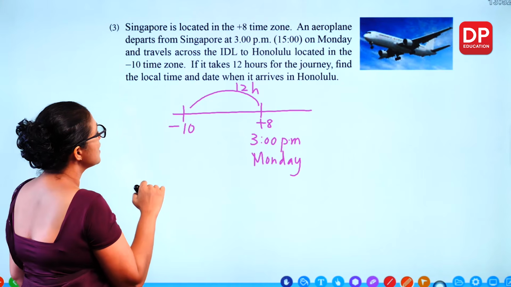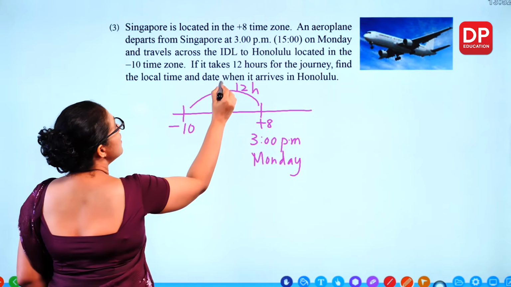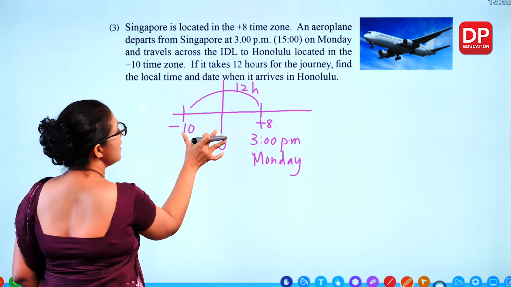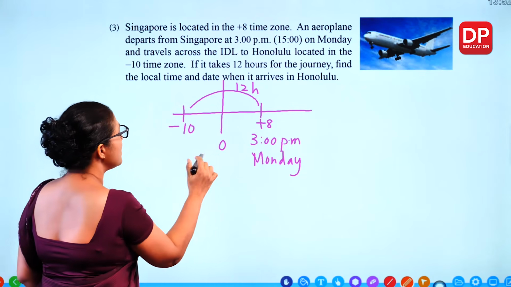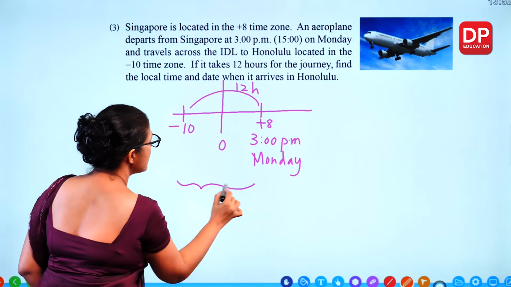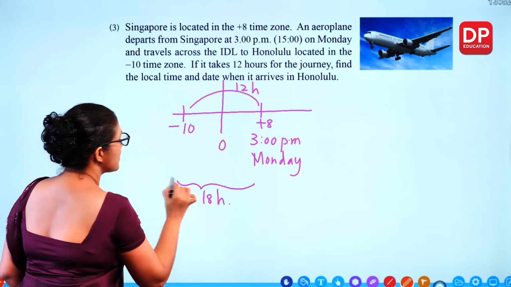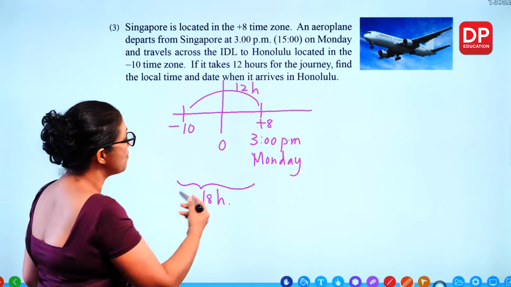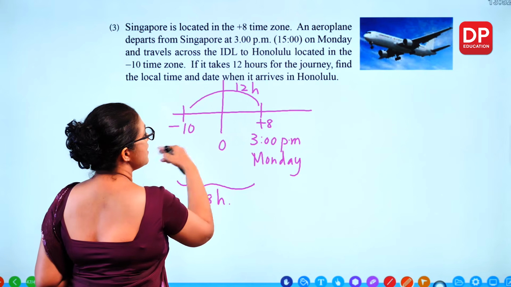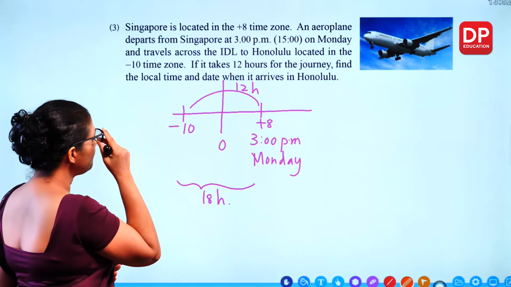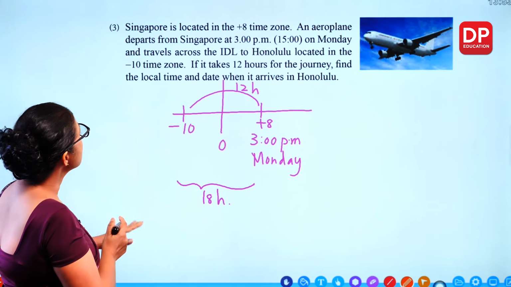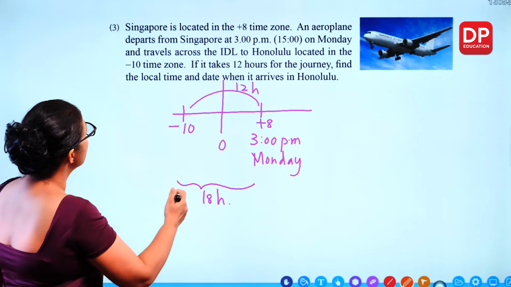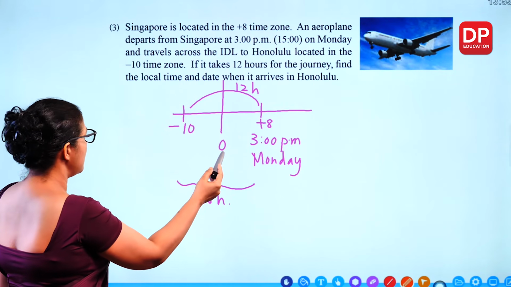So this is in between the Greenwich time. So this is 10 here, this is 8. Altogether 18 hours time difference. So we have to subtract 18 hours from here. Now they are asking what's the time and day. So 12 hours journey.